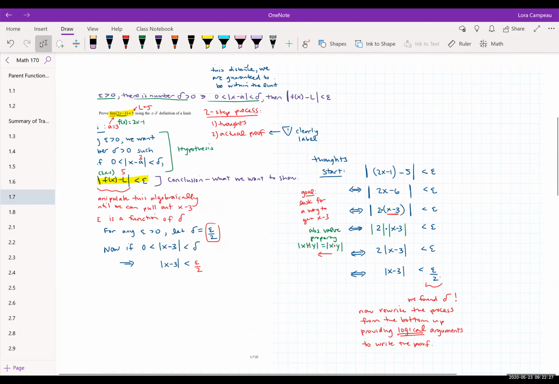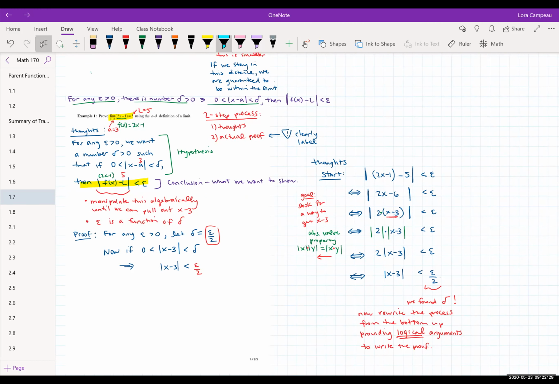Right now, we are at the very last part of our thoughts. So if you are able to show your forward process with your thoughts, working downwards, now the job is to just take all of the steps that you wrote, and for the most part, you can write them in reverse to get to the concluding statement.